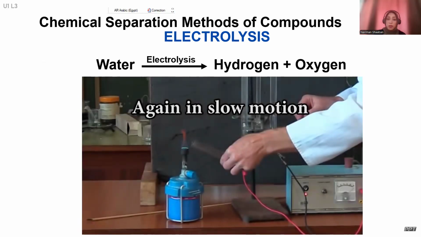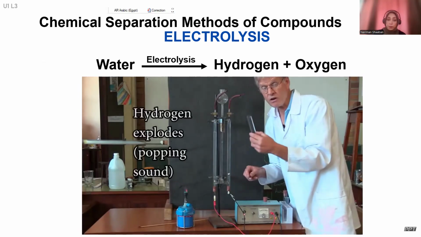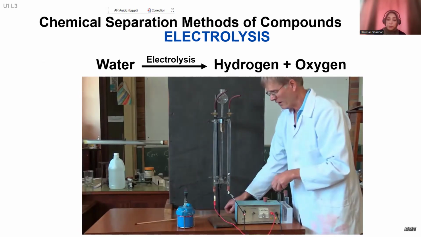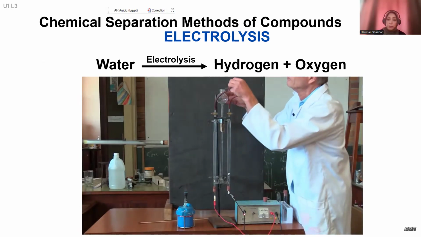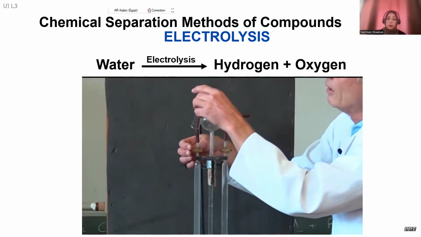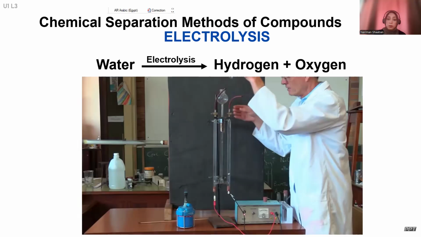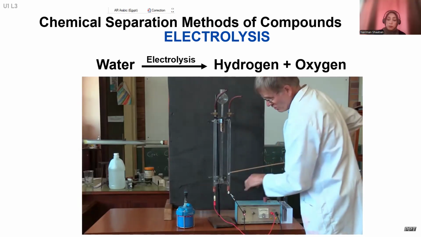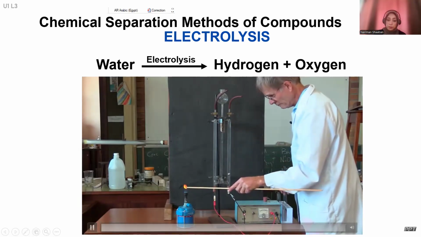This is hydrogen, the characteristic popping sound of hydrogen exploding. On the other side, we're going to try and collect the oxygen. Oxygen helps in burning. While we get that ready, let's ignite the glowing splinter.